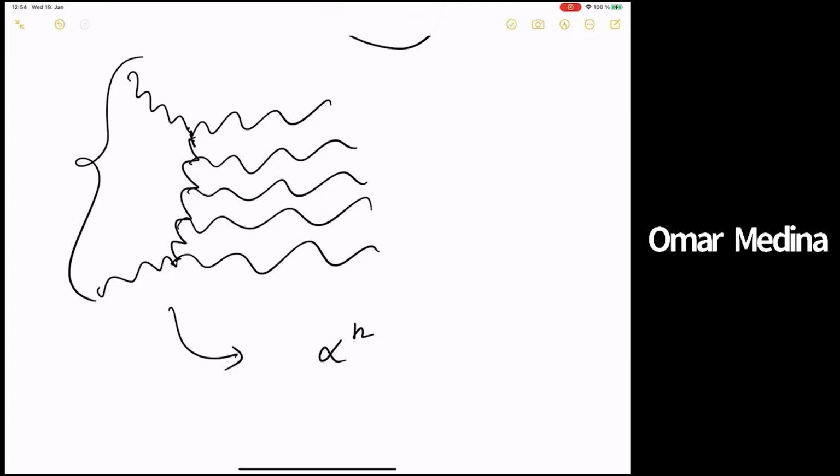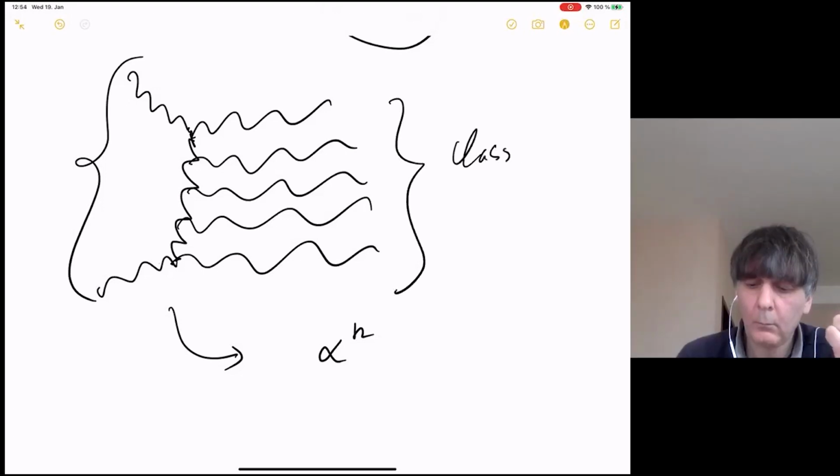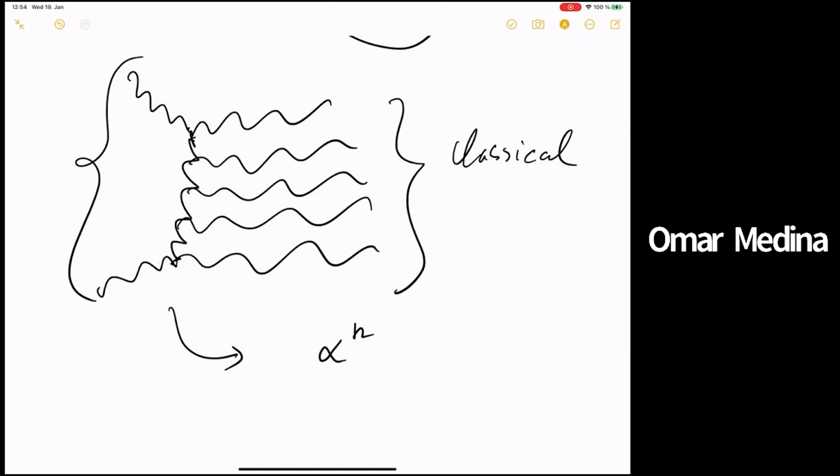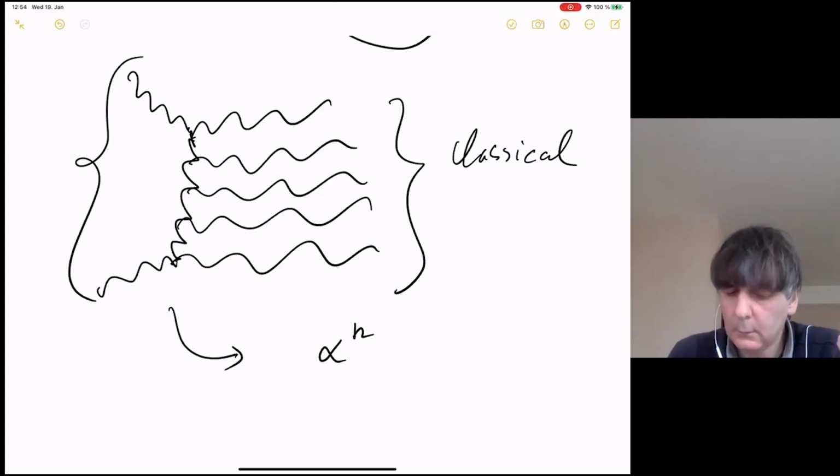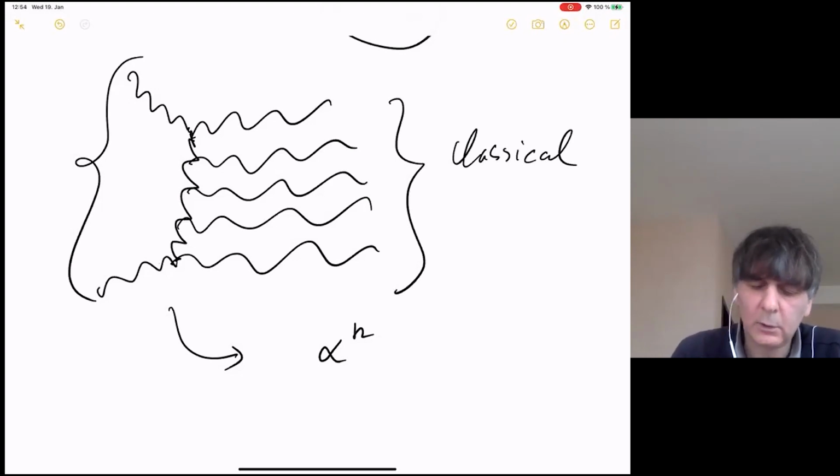So this many external leg diagram is in some way trying to cross this limit of high occupation number. Yes, exactly, and it goes into a classical limit, and the degrees of freedom change. So the question, in a precise way, is: is this related? Absolutely.